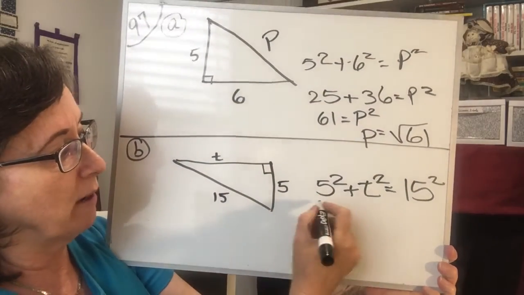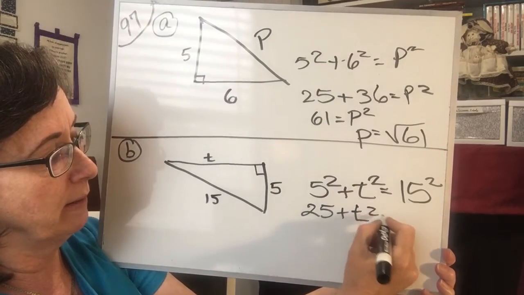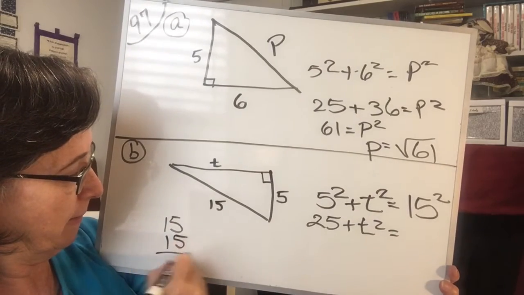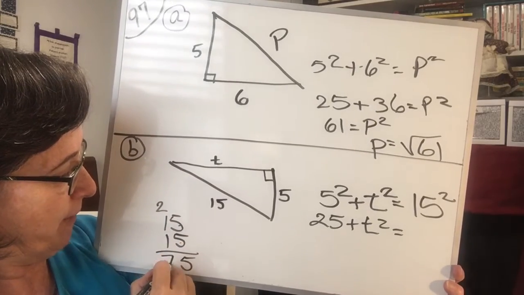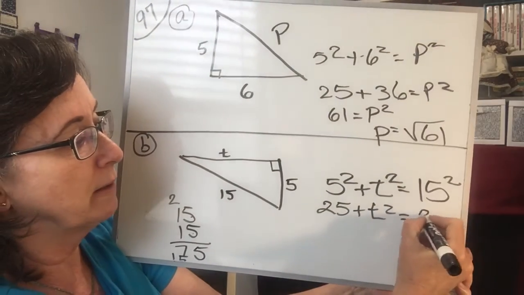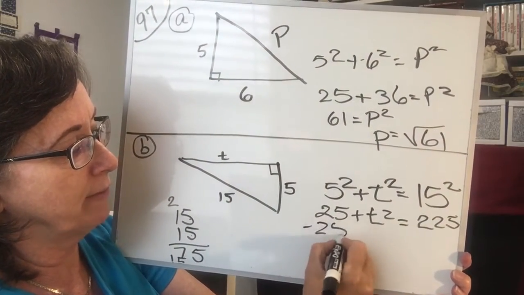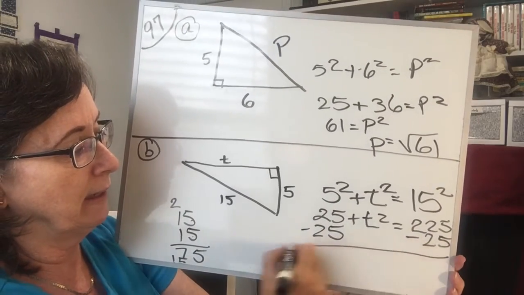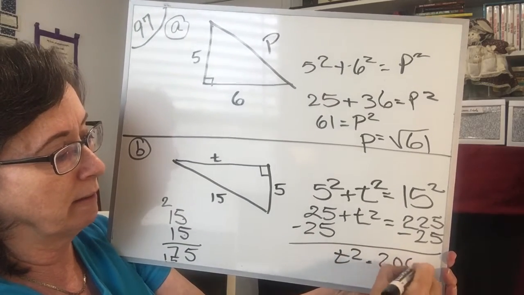Okay, so now we have 25 plus t squared equals 15 squared. 5 times 5 is 25, and 15 squared is 225. We subtract the 25 from this side, and we get t squared is 200.